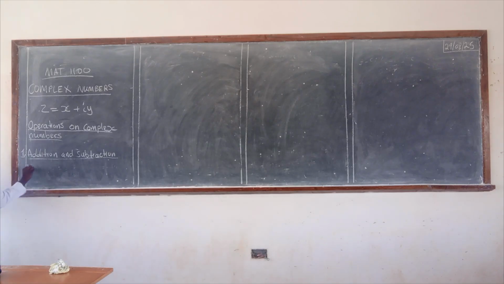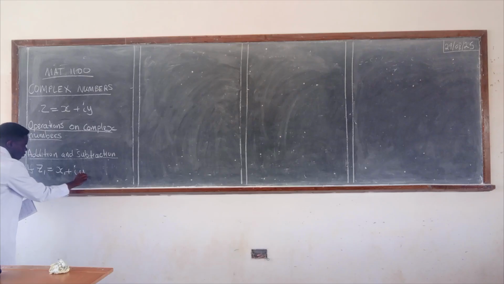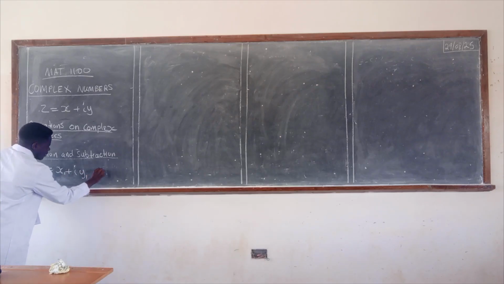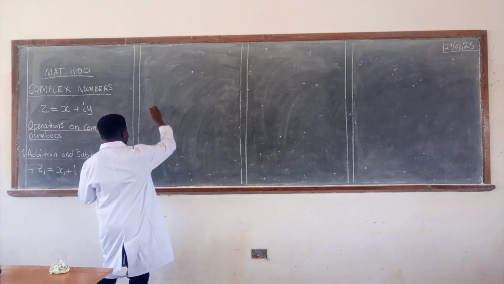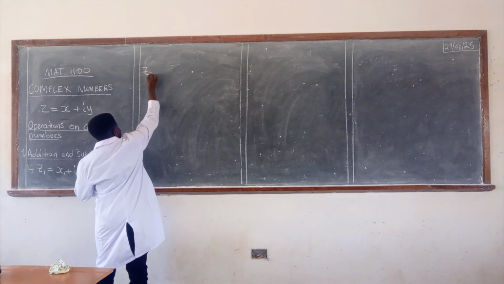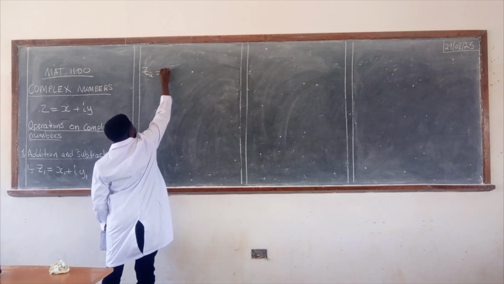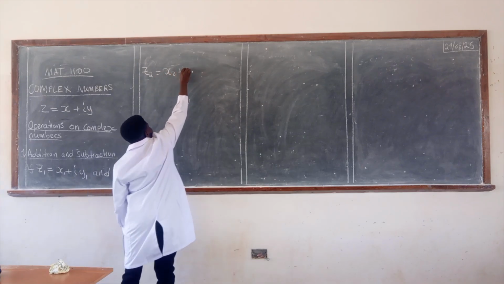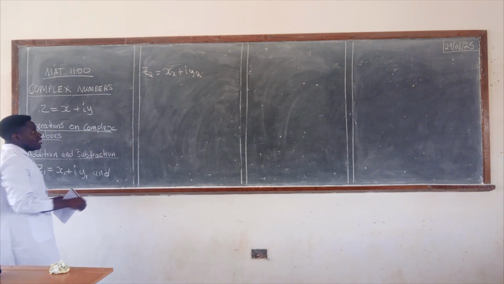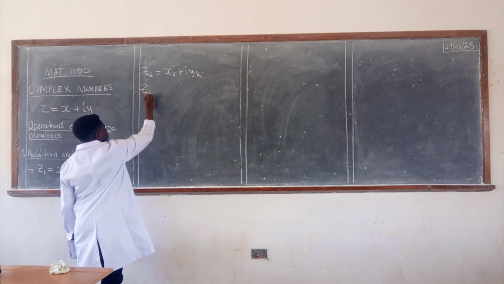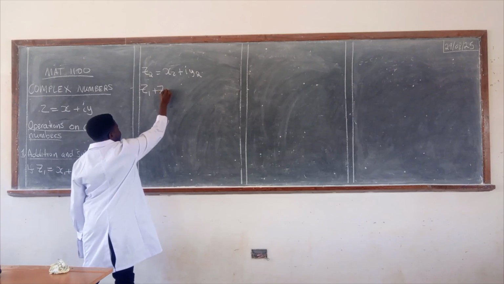If we have a complex number z1 is equal to x1 plus iy1 and z2 is equal to x2 plus iy2, and we choose to add these numbers, we say z1 plus z2.